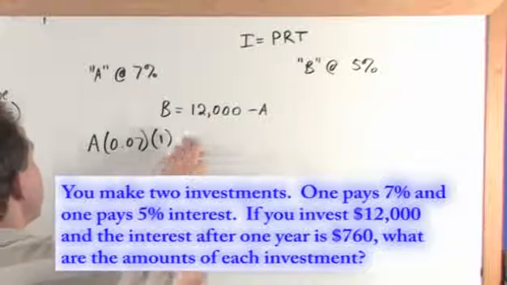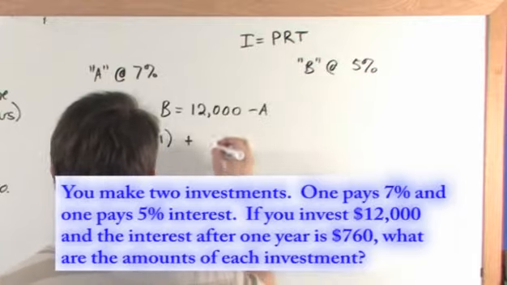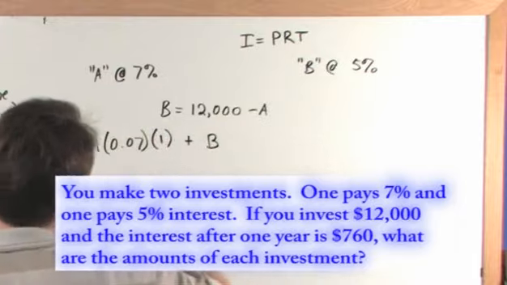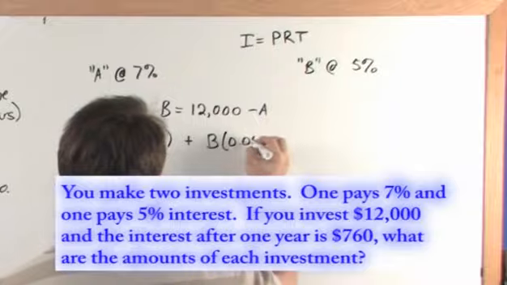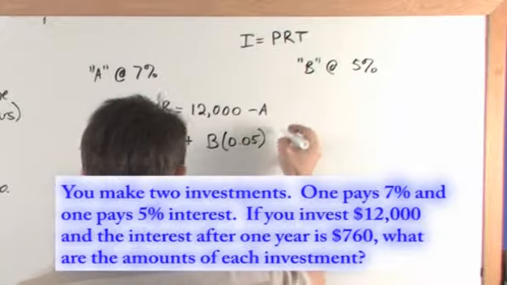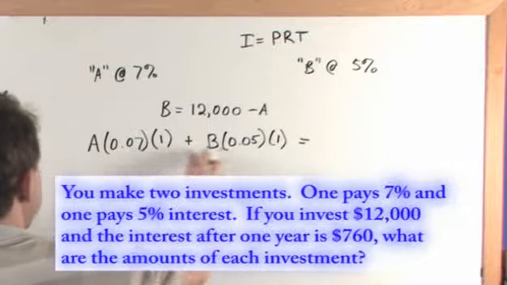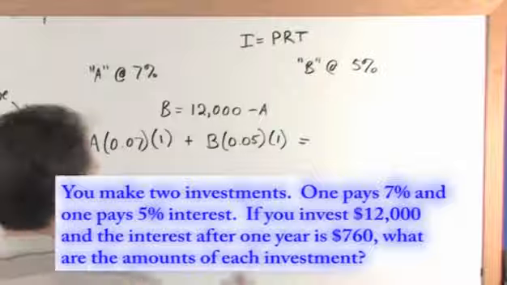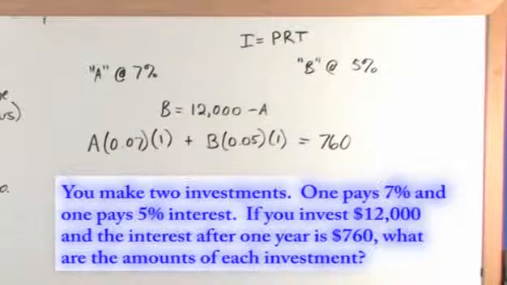So I'm putting 1 year in for the time. Plus however much money I put in for B times B's growth rate, 0.05, again times 1 year. And then these two amounts of interest have got to equal 760, because the problem says that at the end of the first year I've earned $760 total.